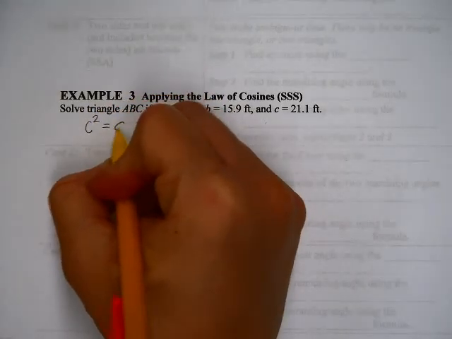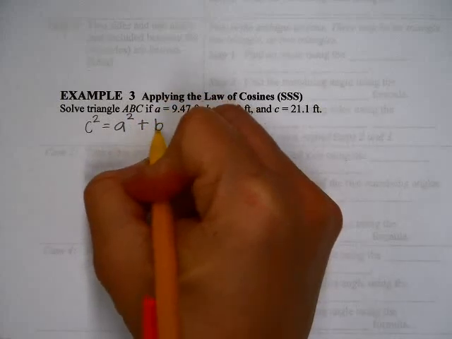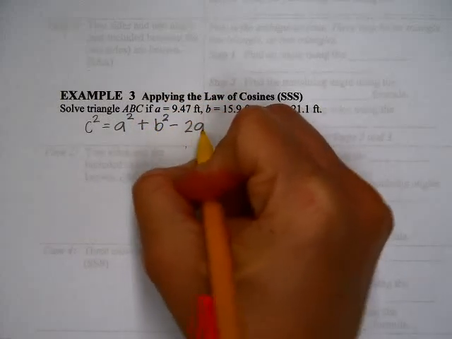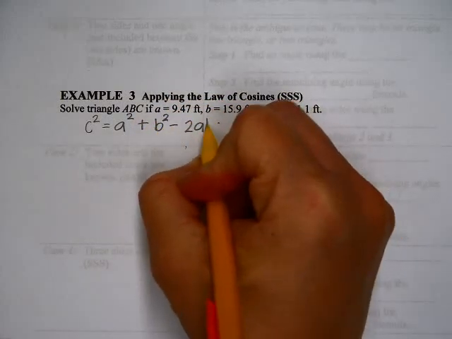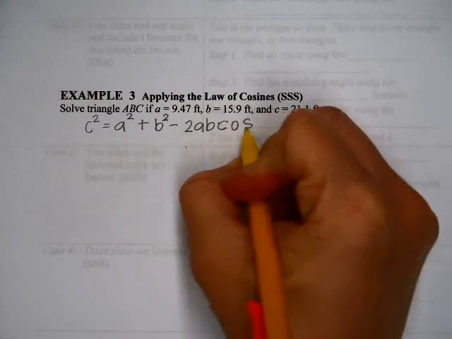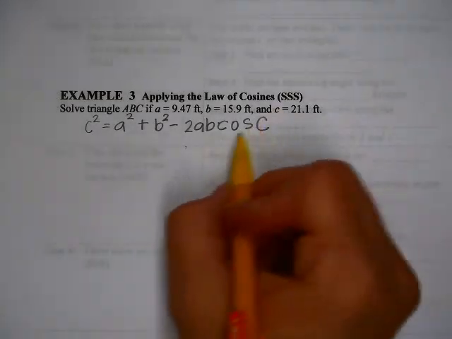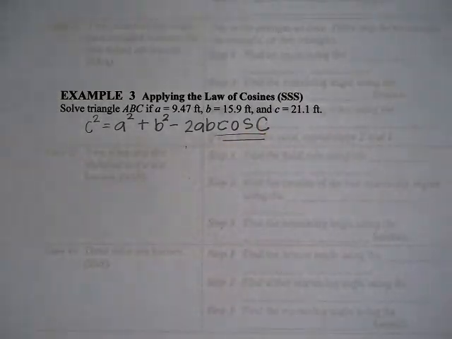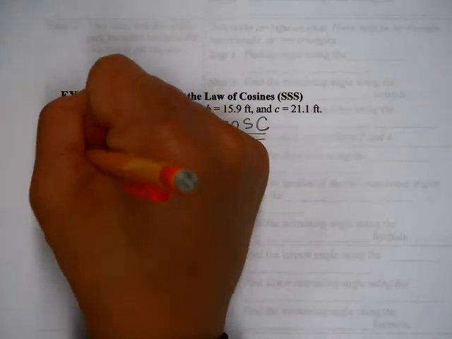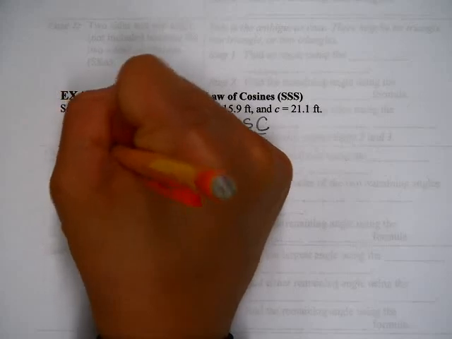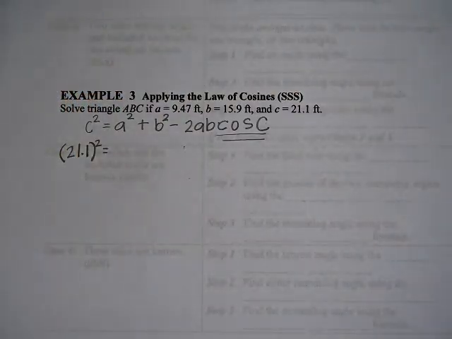c squared equals a squared plus b squared minus 2ab cosine of big C. Now, this is what we're solving for, big C. So pay attention. We're going to plug in little c, which gives us 21.1 squared.